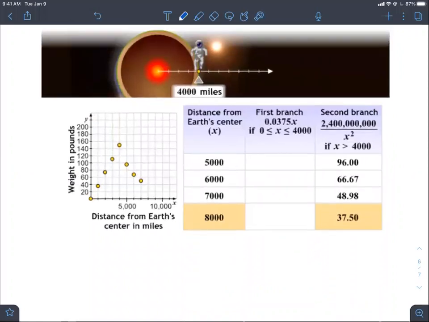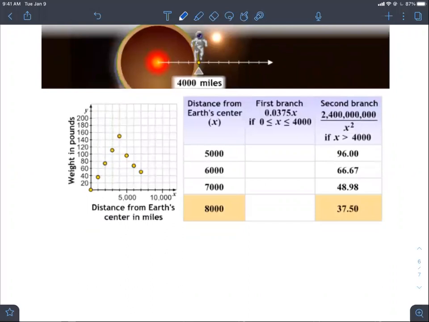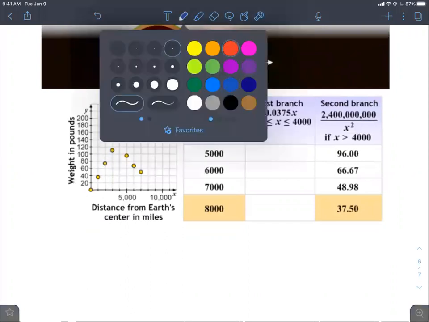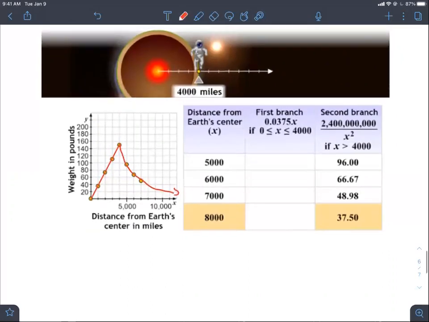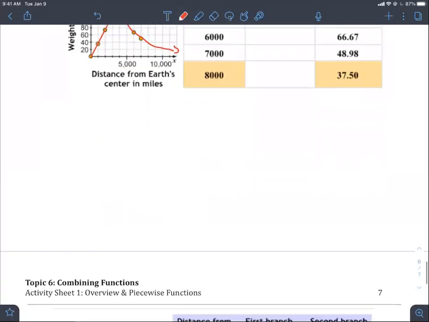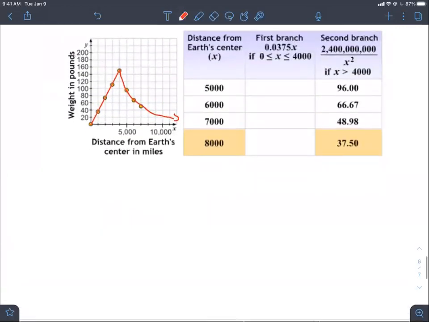And when you go out in space, you get that weightless feeling, so it starts to decrease again. We can see the relationship between the initial linear portion and then the declining rational portion of our graph. Once again, we have a function that is in 2 pieces.